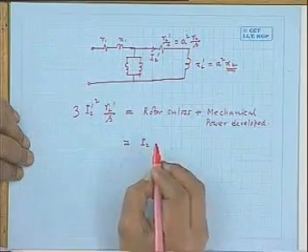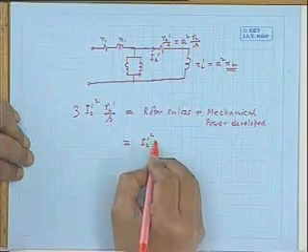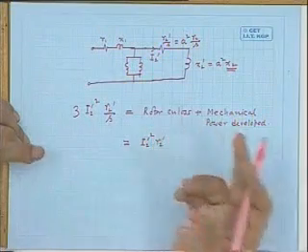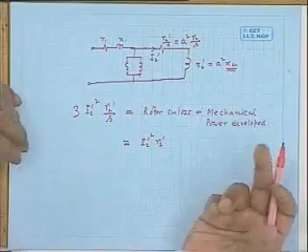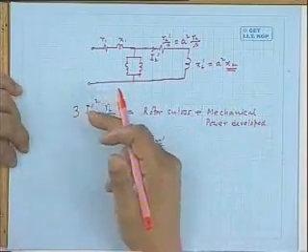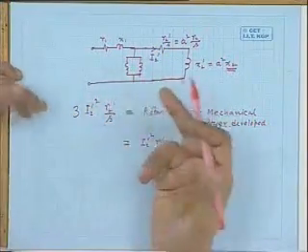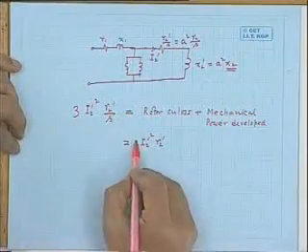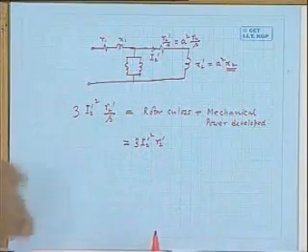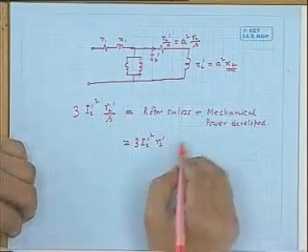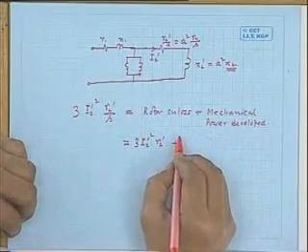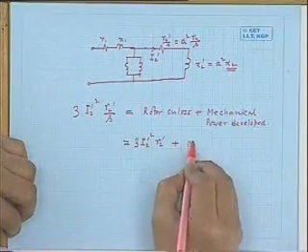And how much is the rotor copper loss? This is I2 dashed squared R2 dashed. The actual rotor resistance referred to the stator is R2 dashed, and the referred current is I2 dashed. So this is 3 times I2 dashed squared R2 dashed.